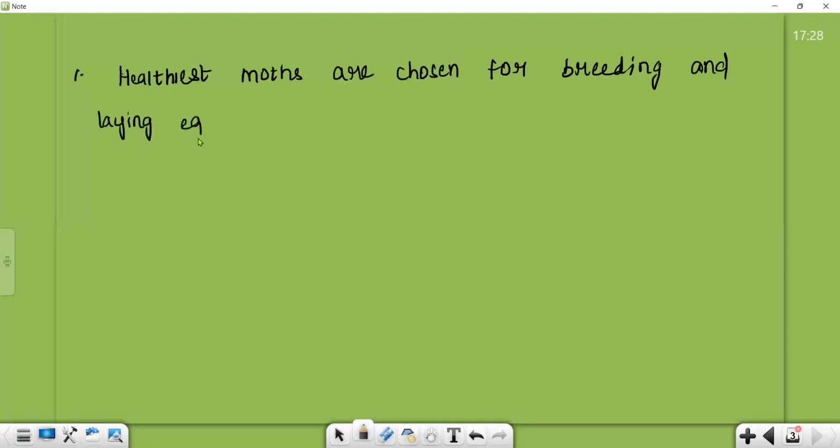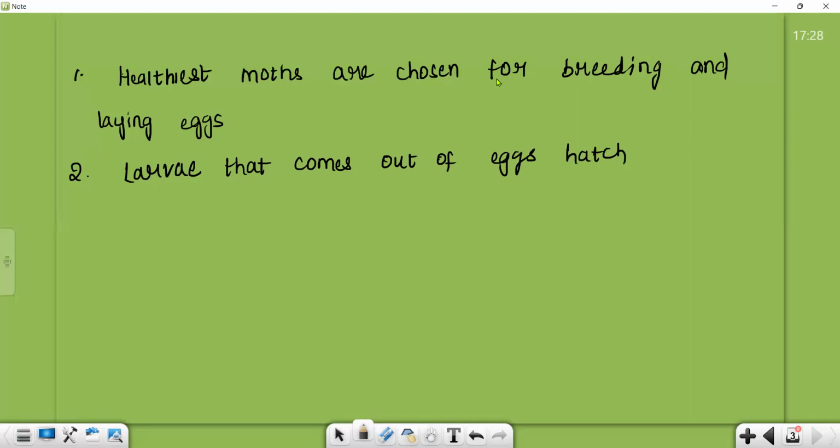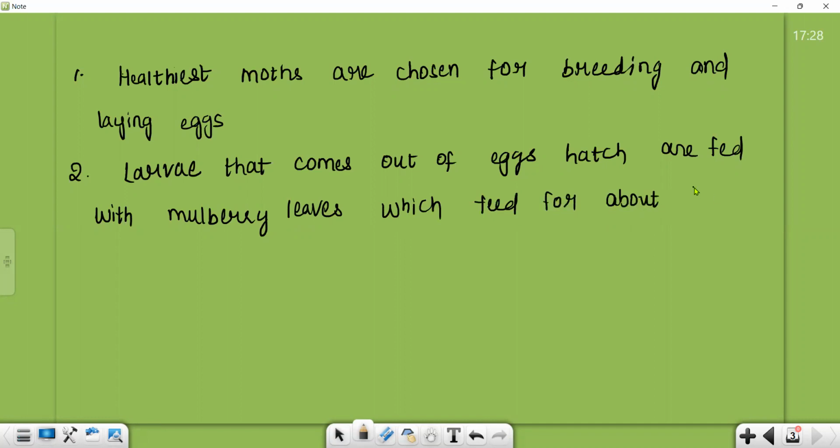This is the first step in the rearing process in sericulture. Second, the larva that comes out of the eggs are fed with mulberry leaves, which they feed on for about 6 weeks.